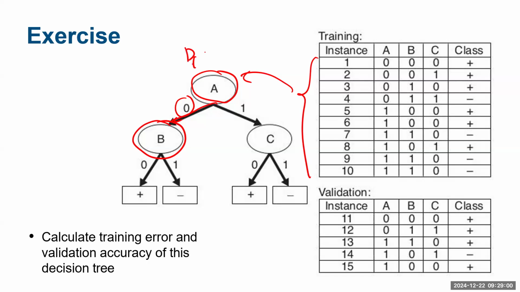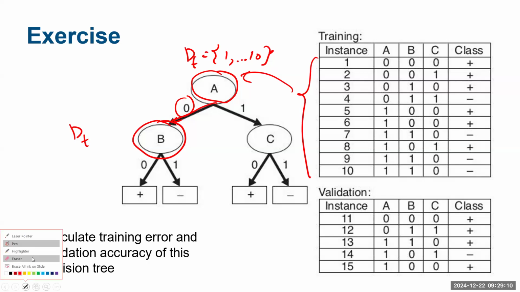So Dt at the root node is going to be from 1 to 10. Basically, the data at node A is everyone.